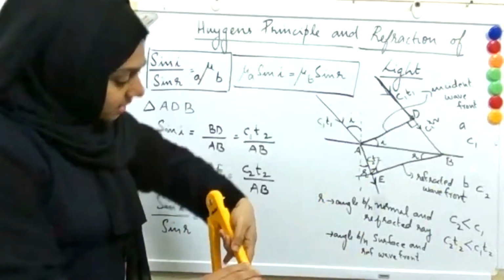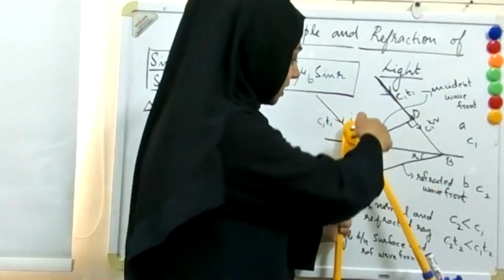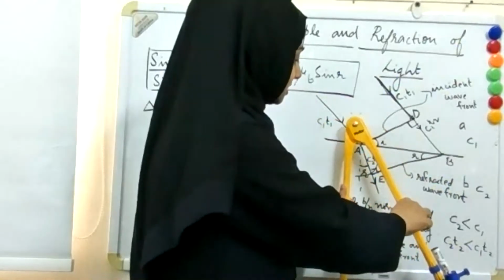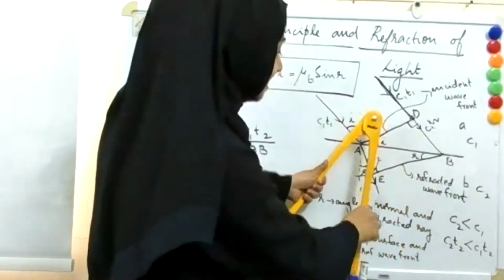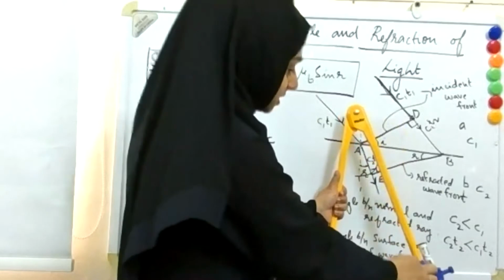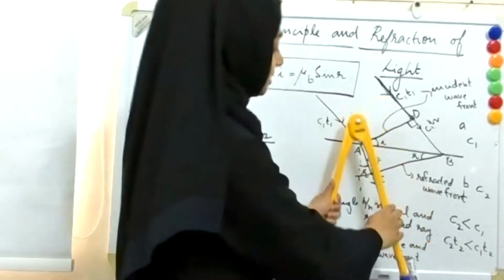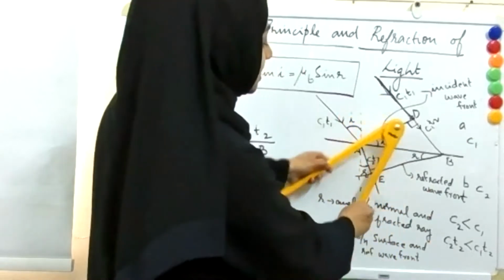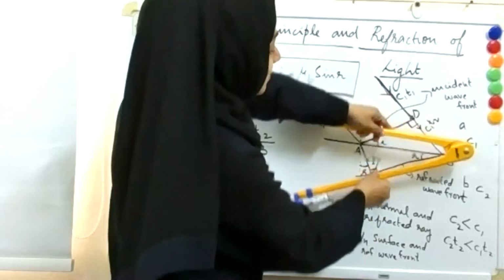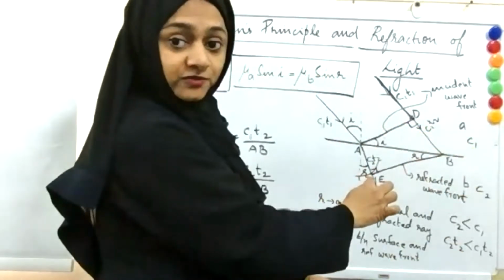Okay. Similarly, I told that the angle between the incident ray and the refracted ray is R. Now, if I rotate the incident ray through 90 degree, I will get the surface. And if I rotate this refracted ray through 90 degree, I will get the refracted wavefront. So if I rotate them together to 90 degree, I will get the angle between the surface and the refracted wavefront.